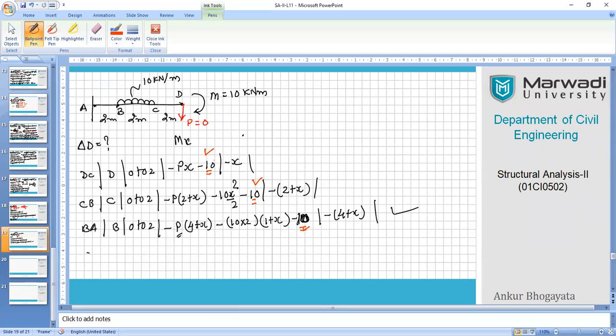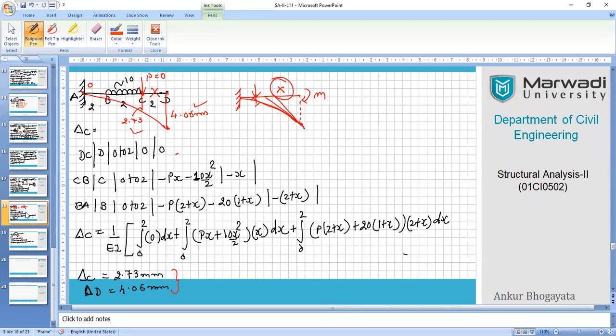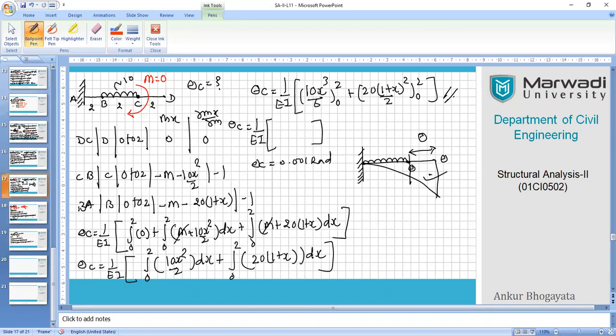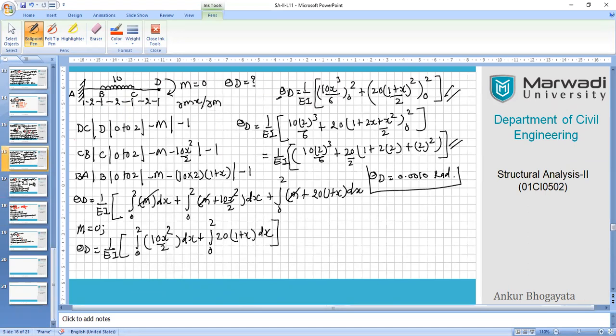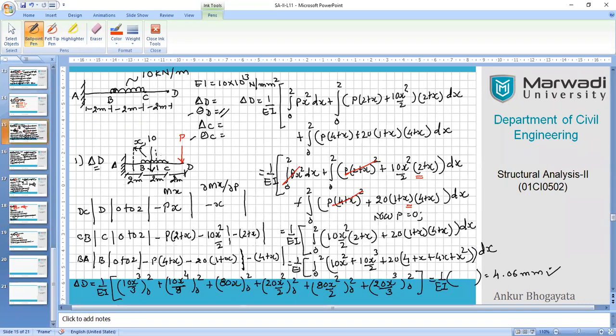I mean the previous one, not this one. Previous one. Here. Or even here. On deflection at D. There. Deflection of D.